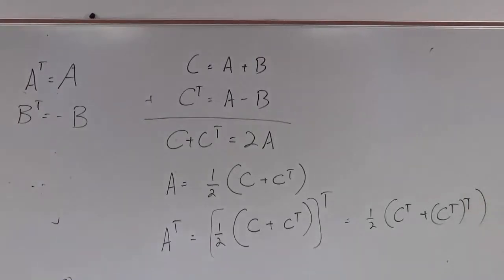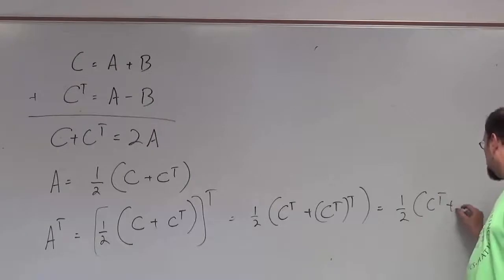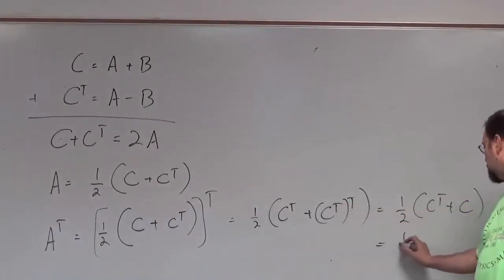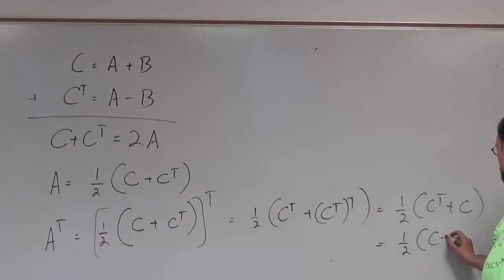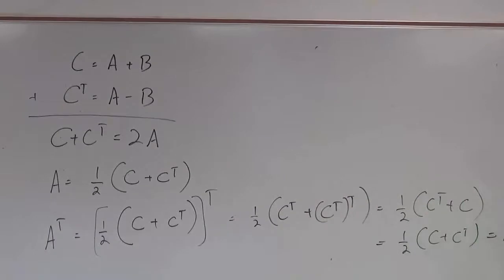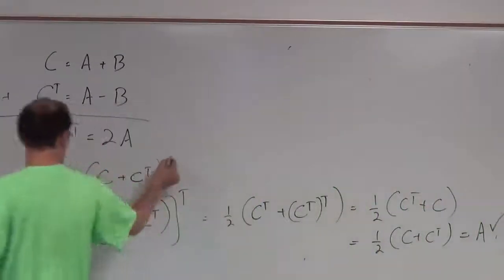And then the transpose of the transpose, you're back to the original. So indeed A transpose is equal to this, which we defined to be A. So A transpose equals A. It checks. A is a symmetric matrix if we define it in this fashion.